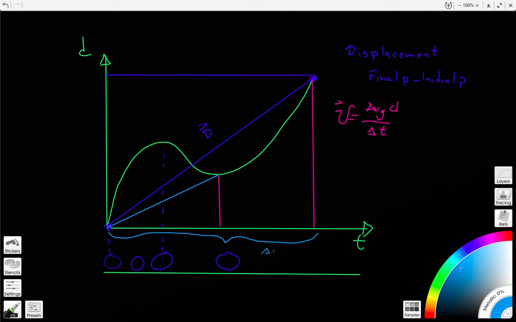So this is delta t1. Then what I did was to reduce that interval of time from here to here. So that would be delta t2. And I can keep reducing this thing all the way until I find a delta t which is infinitely little. That would give me my instantaneous velocity.